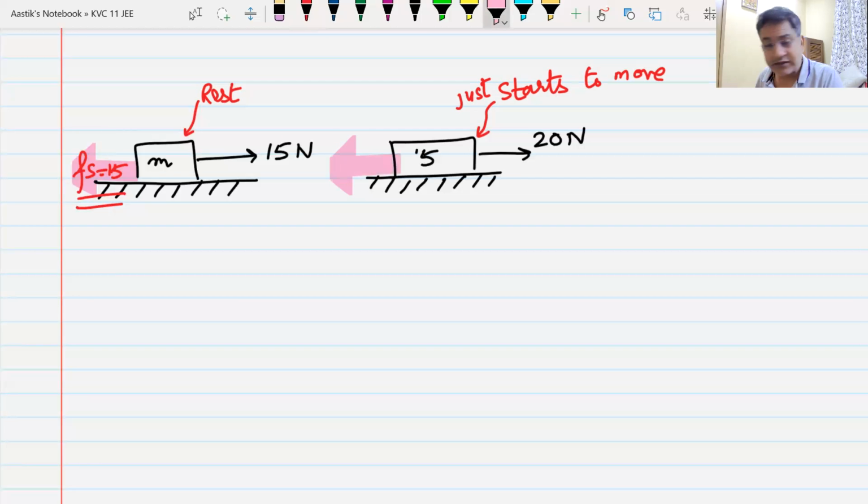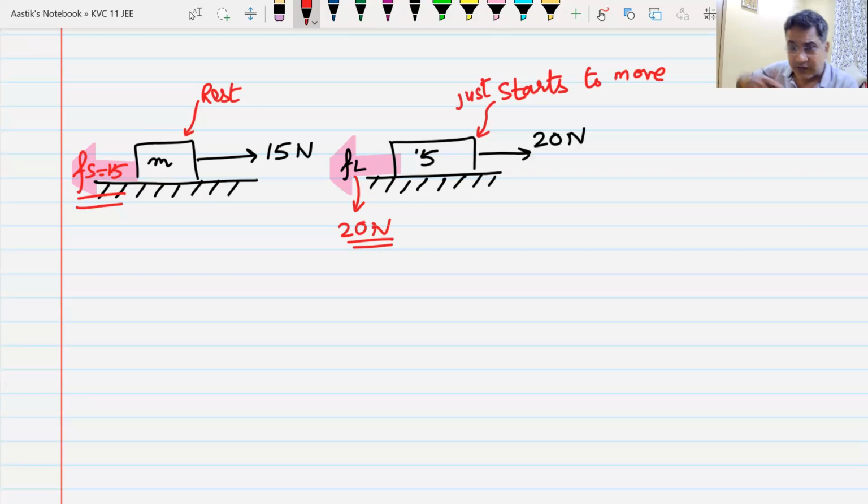The direction is still backward, but it has reached its limiting value, FL. So the maximum frictional force that can be applied on this block is 20 Newtons. If I increase the force beyond 20 Newtons, friction cannot do anything.